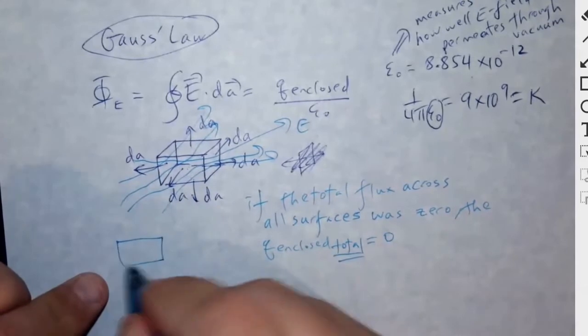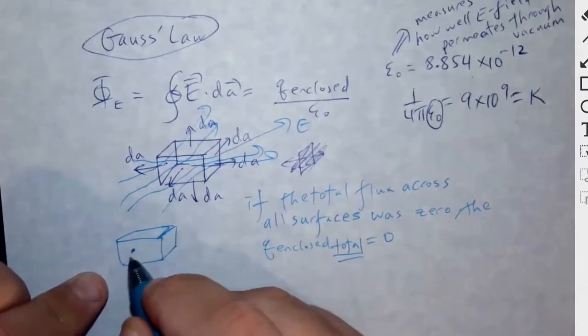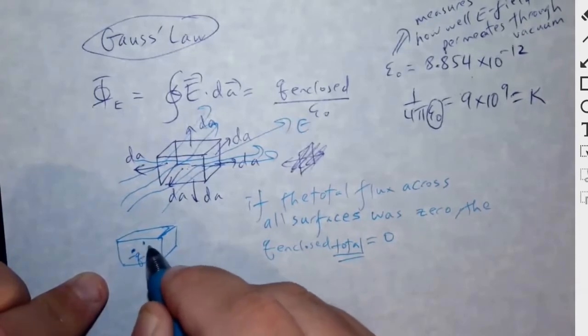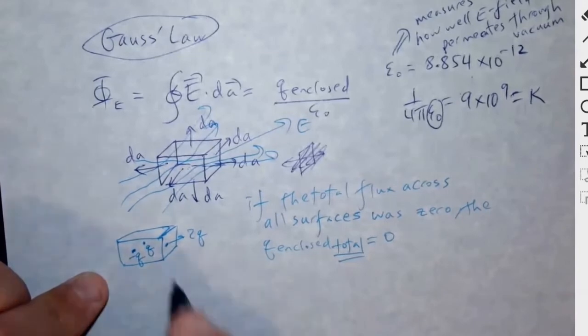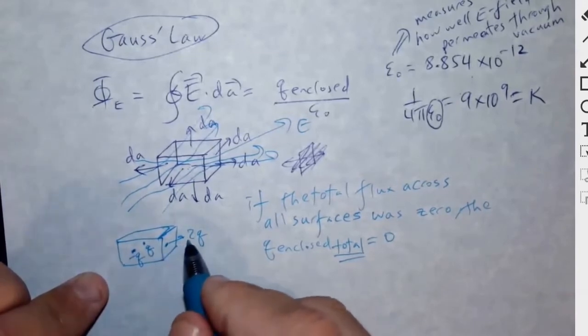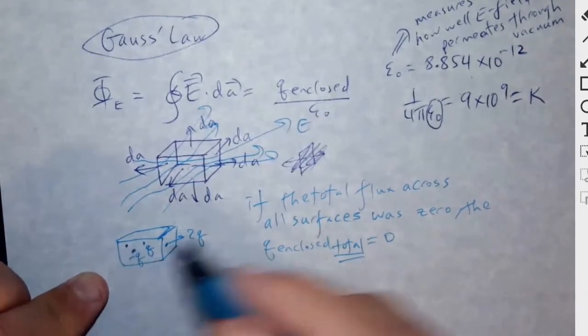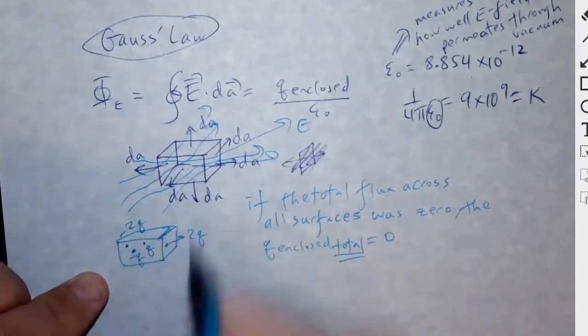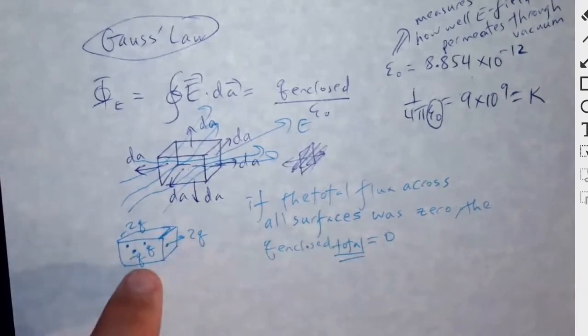So you could have a box like this with inside maybe negative Q and then another Q and then maybe 2Q, right? And then there has to be here negative 2Q, something like that, you see. So there could still be charges in there, but the net charge has to be zero.